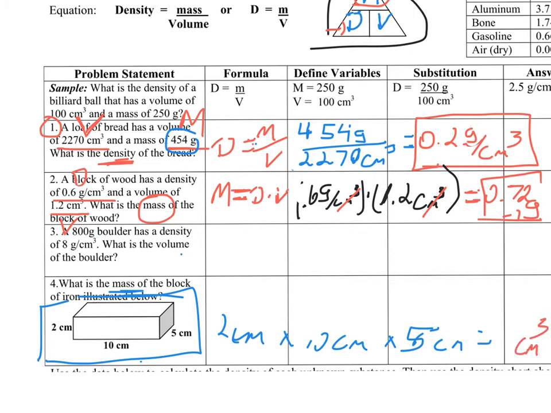So you would do 2 times 10, which is 20, times 5, which gives you 100 centimeters cubed. This would be your volume. All right, so let's go to the other one that's on top, since the bottom one is incomplete.